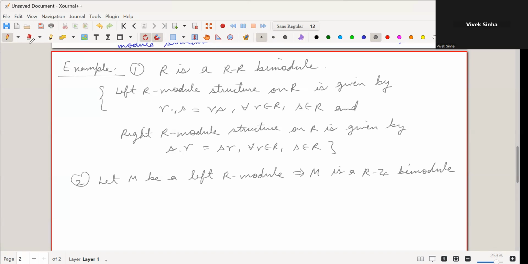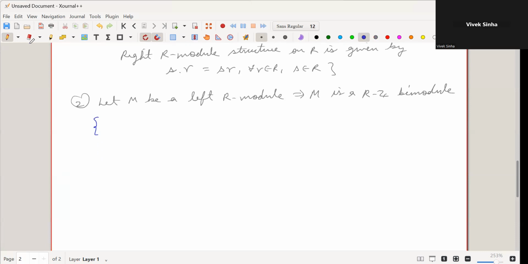M is a left R module, so the left module structure is coming from R, and the right module structure must be coming from Z. We will see how it will come. This is via r dot x, which is simply the left R module structure on M.